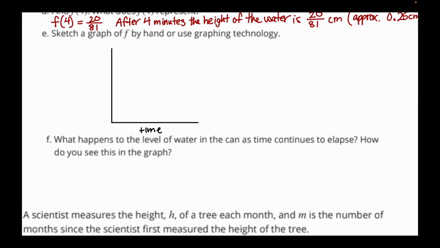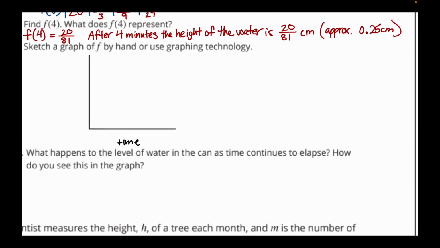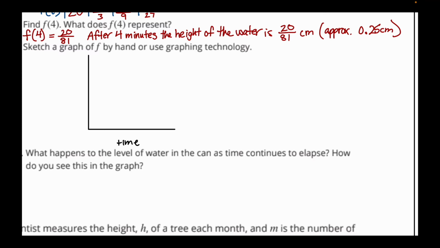And actually I made that a little close to the bottom of my answer here, so I might move it up. That way I can actually put some numbers in there. Okay, time, because I want to be able to put numbers underneath it. And then we want to put height along the vertical axis. Okay.